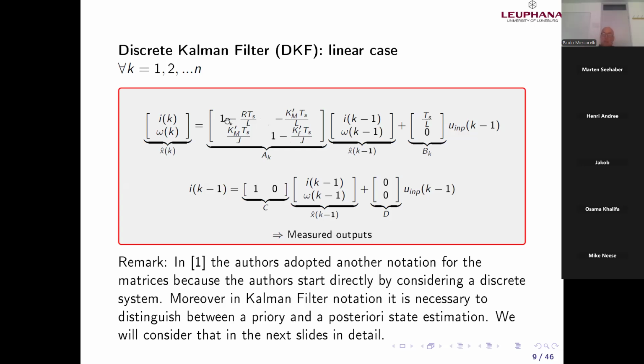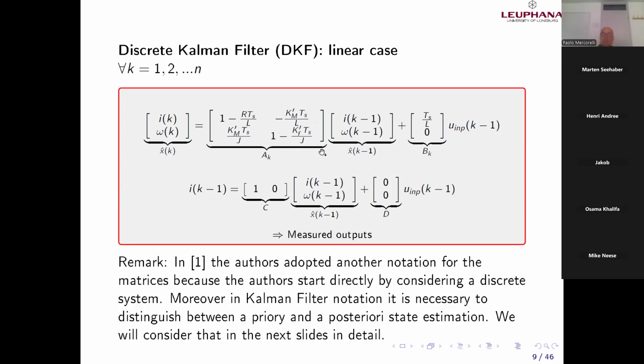If TS is very small, we have here 1, more or less 1. Let me say TS is 0 theoretically. It's not possible, but let me show you 0 in order to understand. This is 1, this is 0, this is 0, this is 1. We have a system which is non-interacting, decoupled. This means if I measure the current, I cannot receive information about omega because this element here is 0.